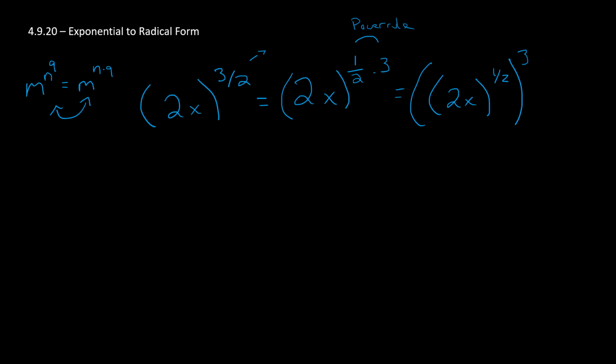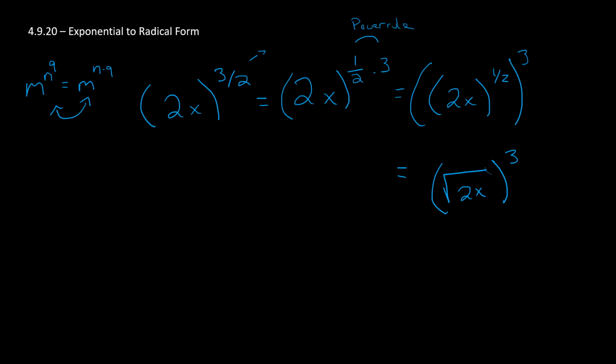So when we have this here, raising it to the 1/2 is the same thing as a square root. So we could say we have the square root of 2x, and we're going to raise that whole thing to the 3rd power. And so we went from exponential to radical form.